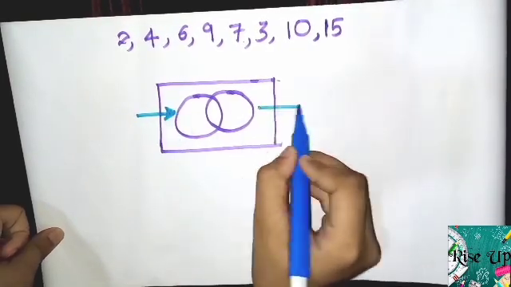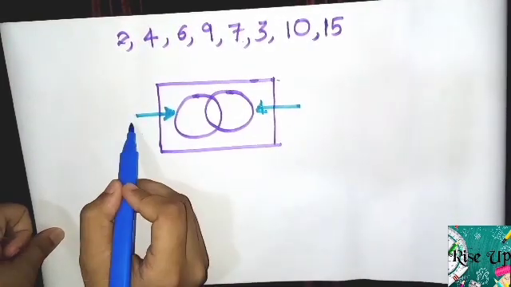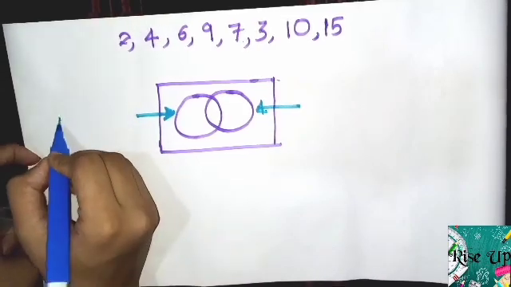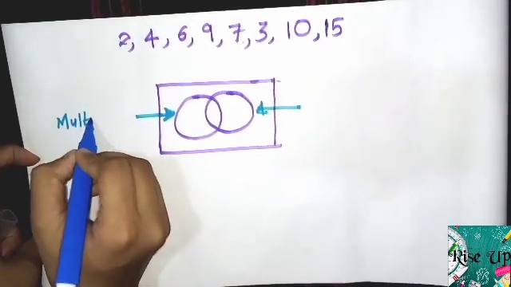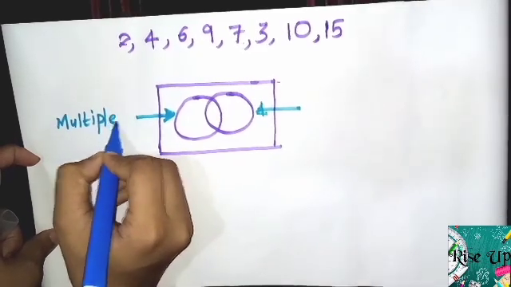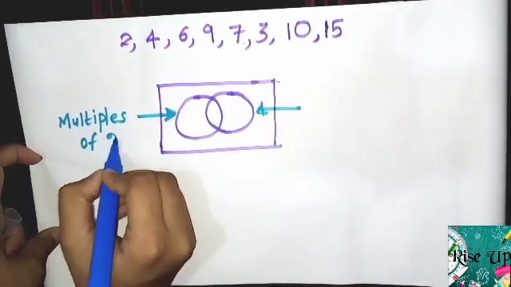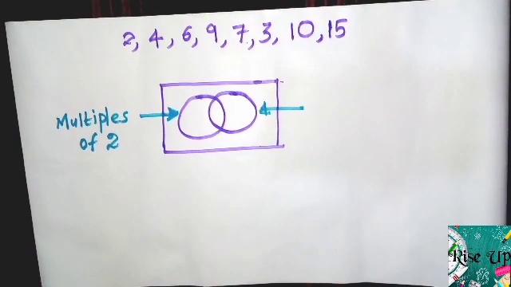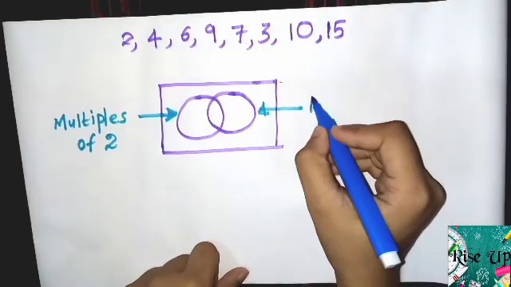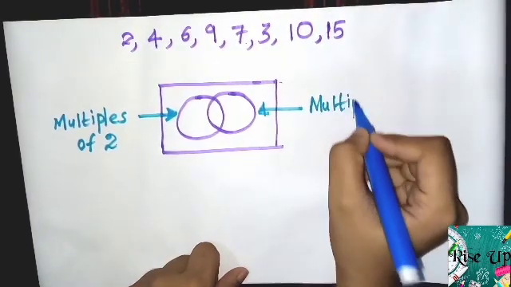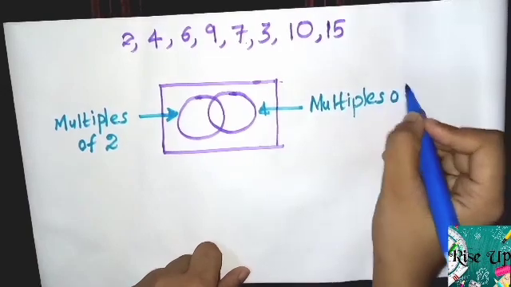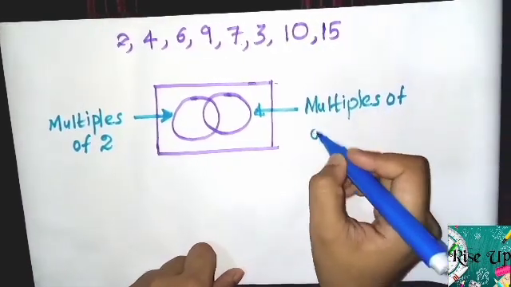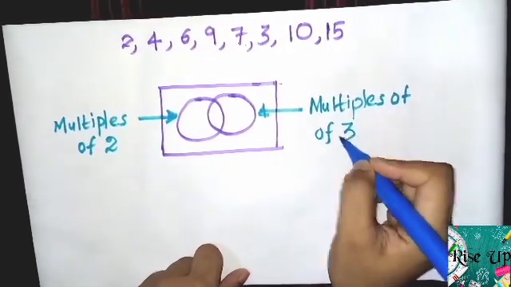Since I'm taking the multiples, I'm going to name these 2 sets as multiples of 2, yeah, multiples of 2, and the other set, let's name it as multiples of 3. Yeah, multiples of 3, because you can see the set of numbers given. They are most commonly multiples of 2 and multiples of 3.